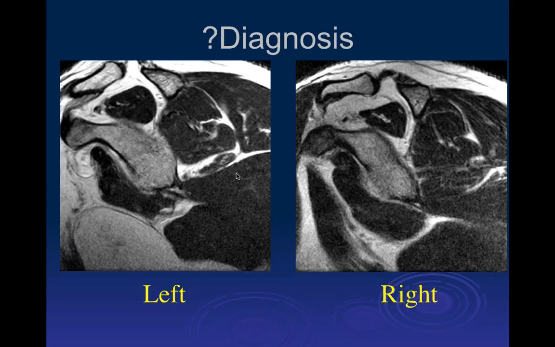So where would that be on the image? On our image, we've got a little bit of fluid coming around anteriorly, but that's not where the nerve is. More inferiorly is where we would expect it.